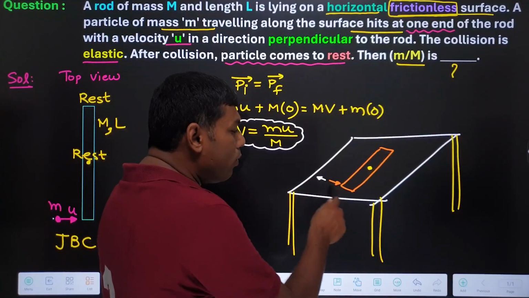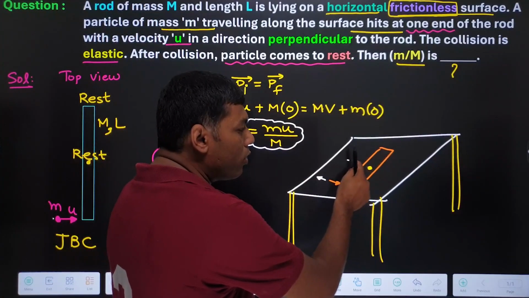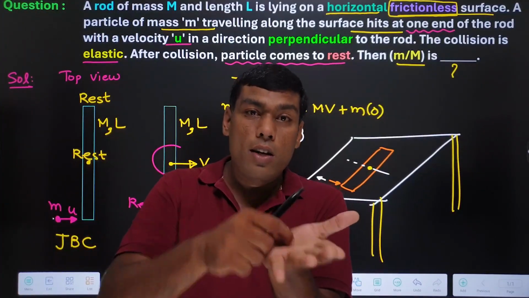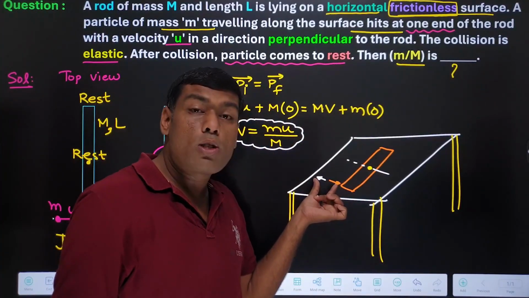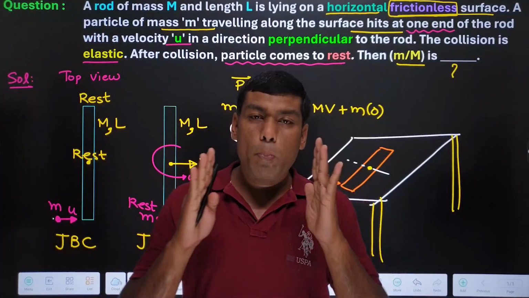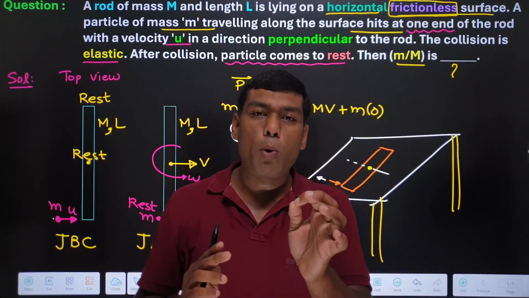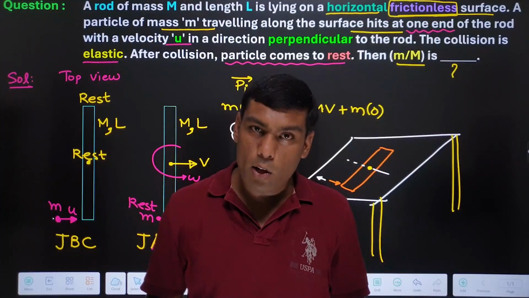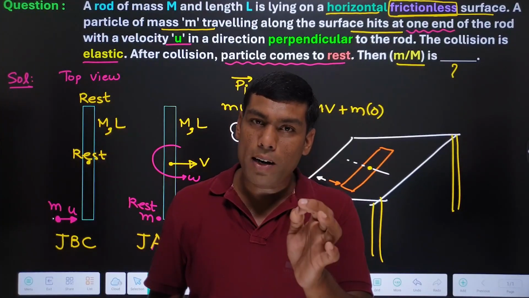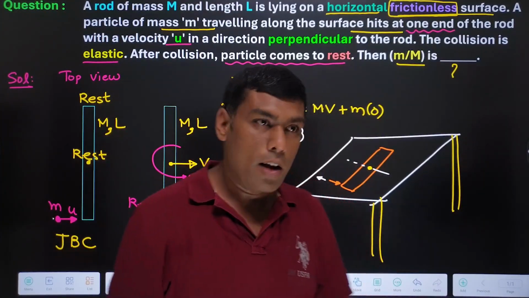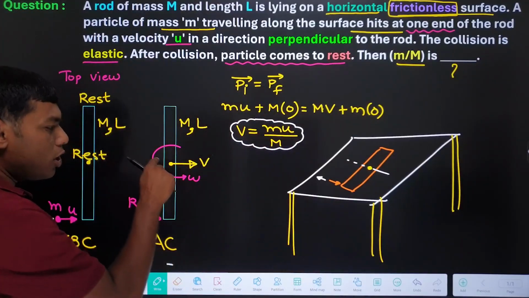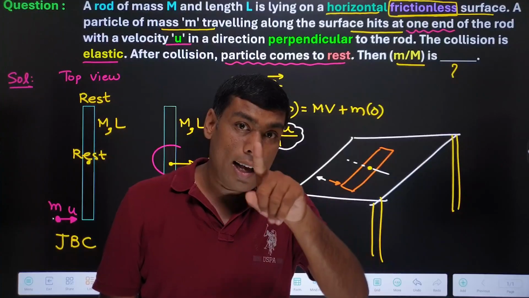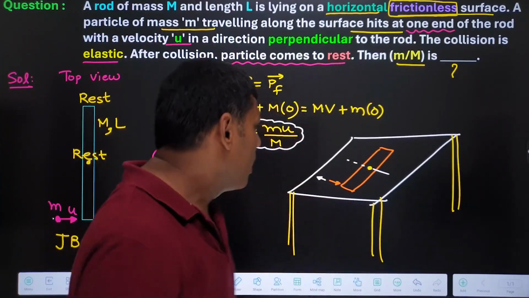These forces are equal and opposite, so when you take the torque about this yellow point on the table, the torque of these two forces is also 0. So about this point there is no torque. Hence we can conserve the angular momentum of the rod plus particle system about that yellow point, which lies just below the center of mass of the rod, on the table.